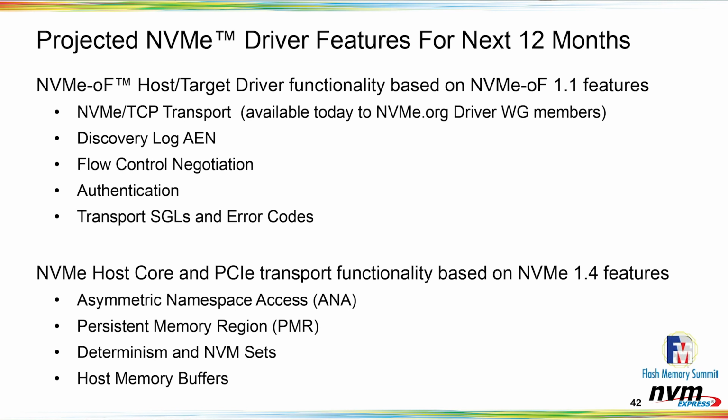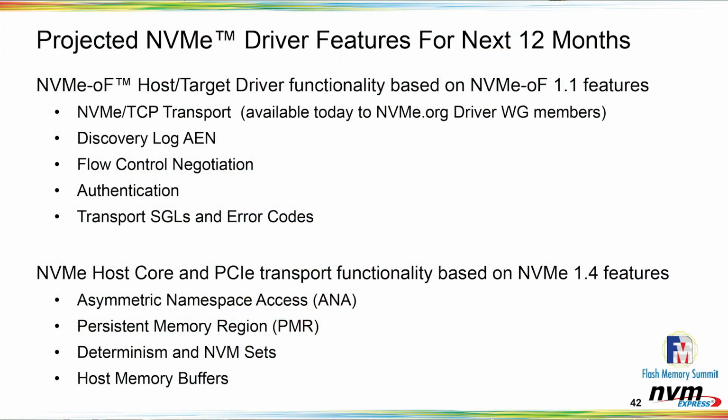The big item for 1.1 is the TCP transport, which, as soon as that is ratified, you're going to see it the next day. We have it up and running in a private repo with the working group, and it's been running for a year. So it's really just a matter of getting the specification grammar correct and everything else, and then that goes out.